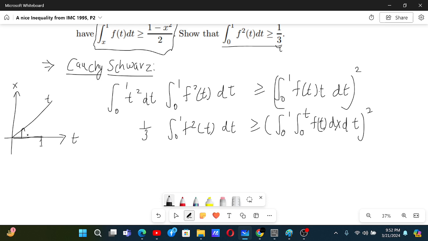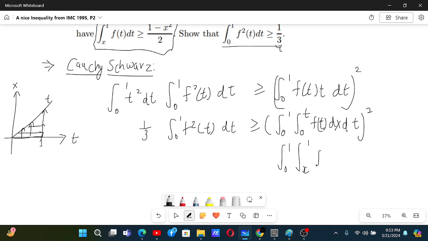Now if I change the way I look at it, if I see it in a vertical way rather than horizontal, x is going from 0 to 1 and t is going from x to 1.